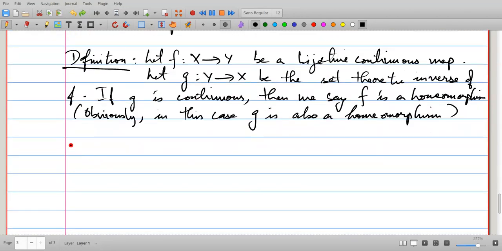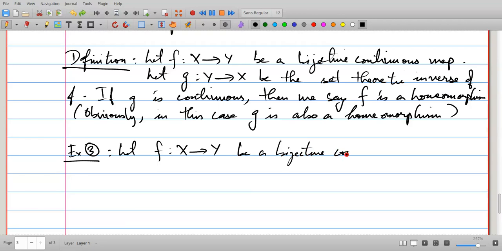So we will end this lecture with two more exercises. Let f from X to Y be a bijective continuous map.